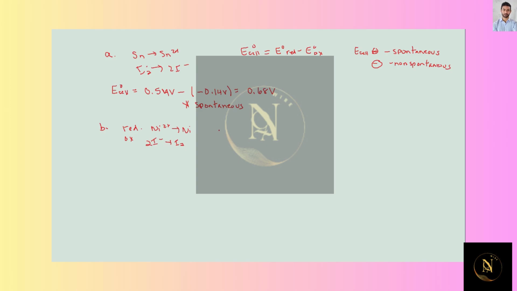Again, we are going to calculate E cell, looking up the numbers in Appendix E. The reduction reaction E is going to be a negative 0.28 volts, and we're going to subtract the one we had up here, which was a positive 0.54 volts, and we get a negative 0.82 volts. Because E is negative, this is going to be a non-spontaneous reaction.